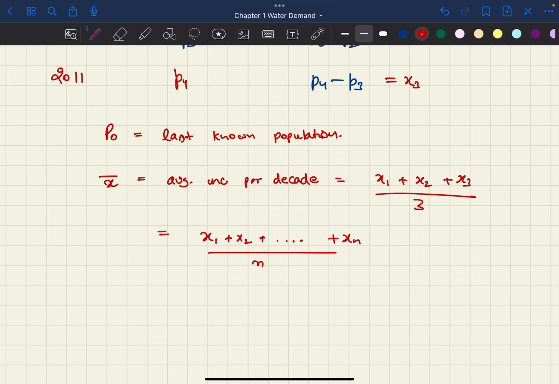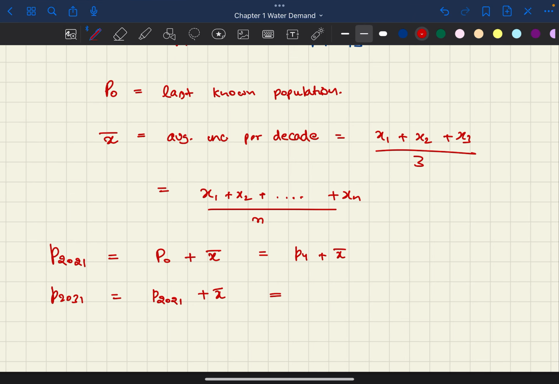So now let's say P 2021 we have to calculate. So last known population plus x bar. This is P4 plus x bar. P 2031 is P 2021 plus x bar.